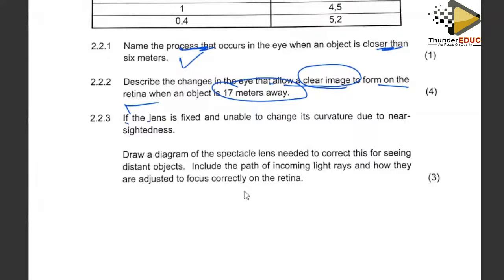Let's read this. If the lens is fixed, unable to change its curvature, due to nearsightedness, it means that this person is able to see objects which are near but won't be able to see objects which are far.